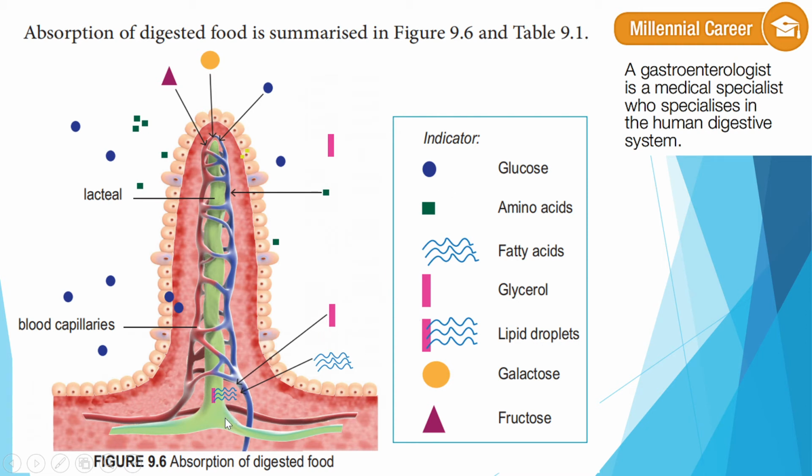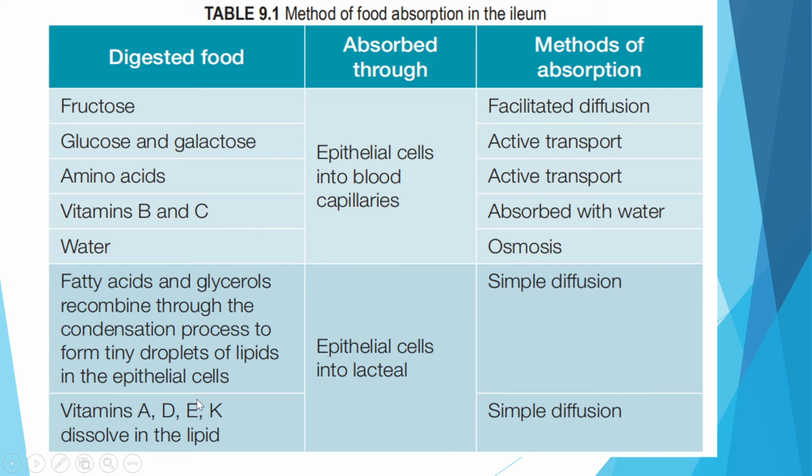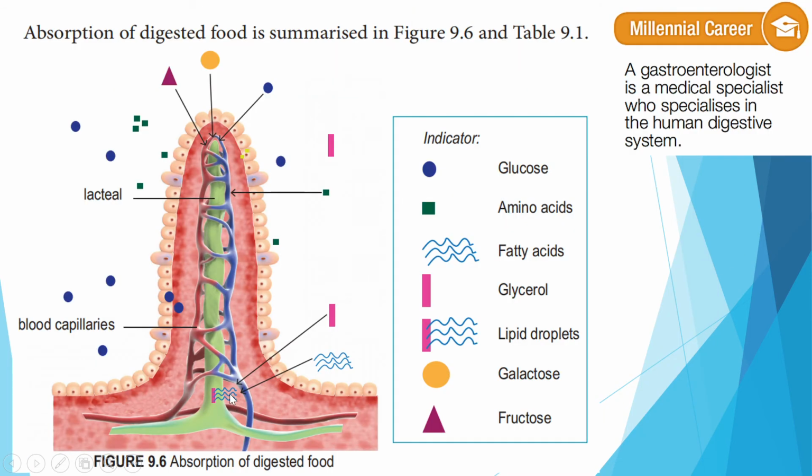That is the lacteal, which is different from the blood capillaries, which are from the blood circulatory system. The lacteal is from the lymphatic system. So two different circulations. Later on in assimilation, we are going to look at the fate of these end products.